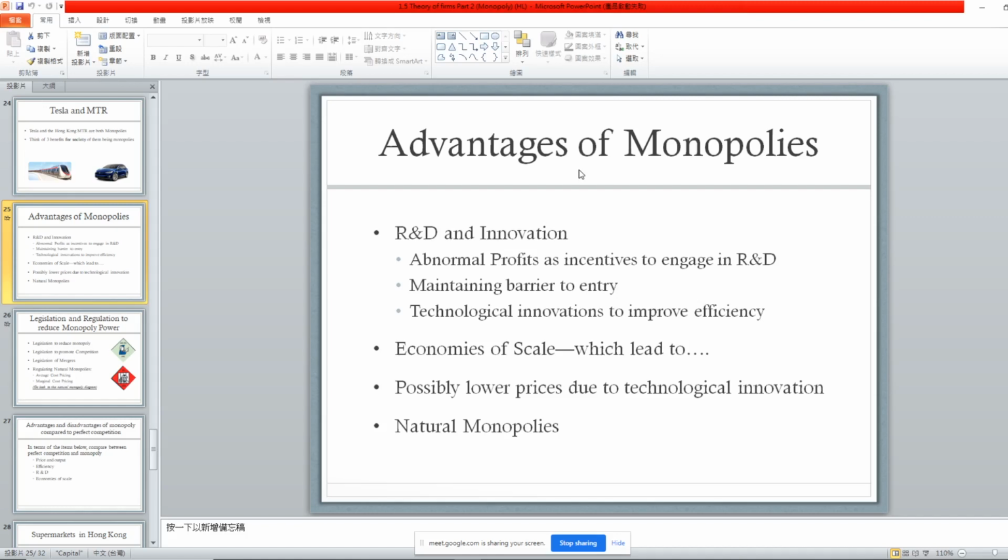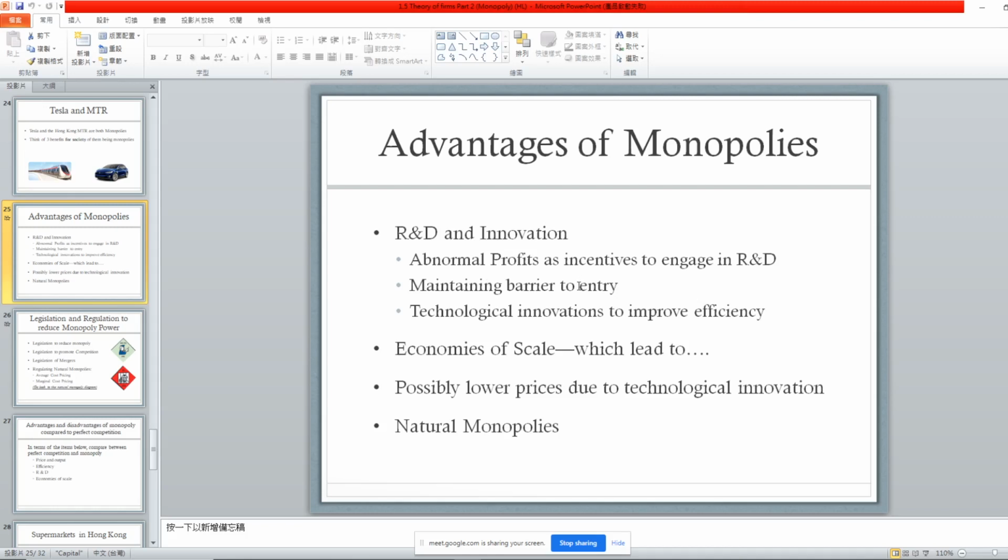It is because they can earn so much abnormal profit, and that's why they have the potential to make something very wonderful, like having a lot of R&D and innovation. That's what you can do when you have a lot of abnormal profits. You can improve your product even further, or improve the efficiency even further.